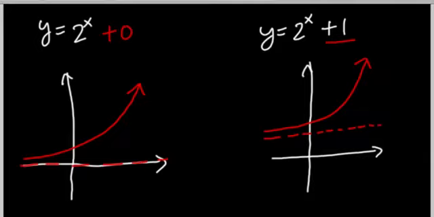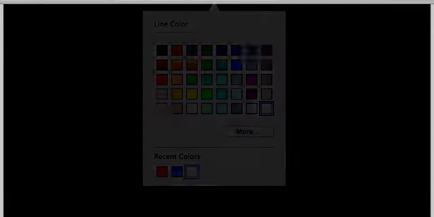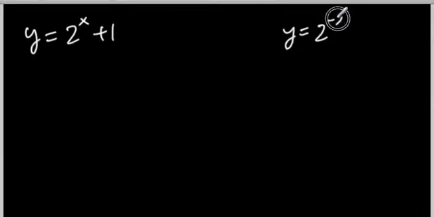Okay, let's look at some different variations of that. So how would we draw, say, okay, I'm just going to draw this one again, as a comparison. How would we compare y is equal to 2^x plus 1 to y is equal to 2^(-x) plus 1?